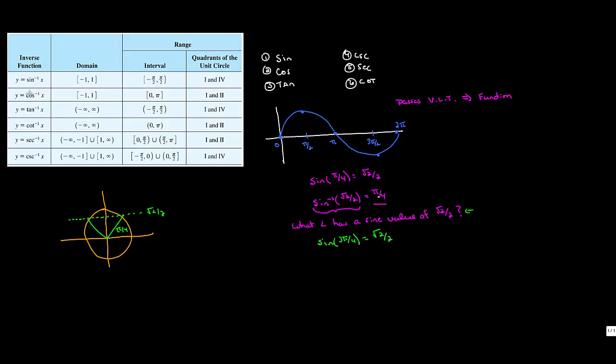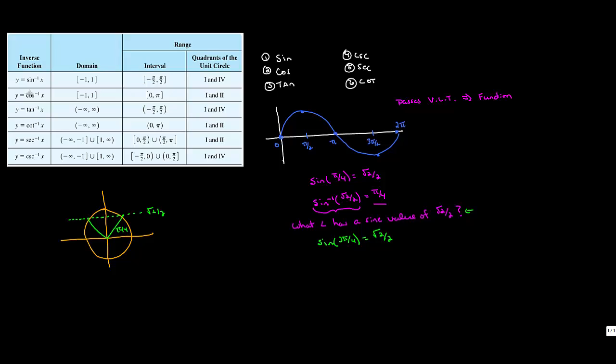So what we need to do is we need to restrict the range, or the values that can come out for our inverse trig functions. Okay, so what does that mean? Well, it means that on this curve, this curve does not pass the horizontal line test, right?